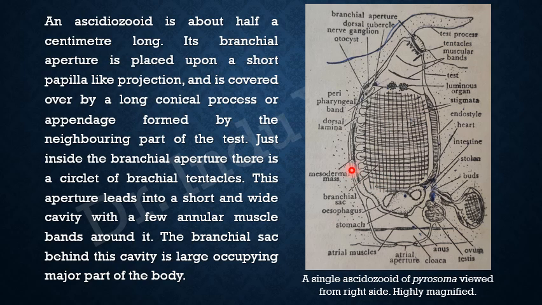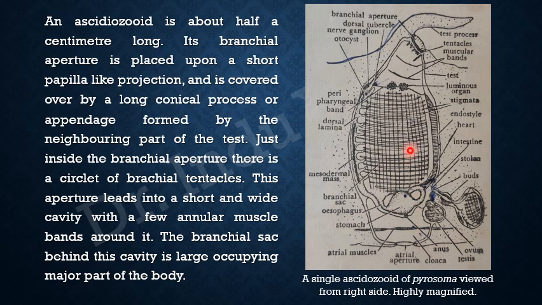So the whole colony's closed end will be this side. This is the common cloaca. The closed end is this side, and the open end will be this side. So all the dorsal surfaces of the animals are towards the open side, and the ventral surfaces are towards the closed side. And so this was the alignment of the individual with respect to the colony.